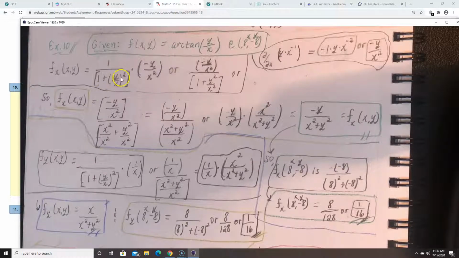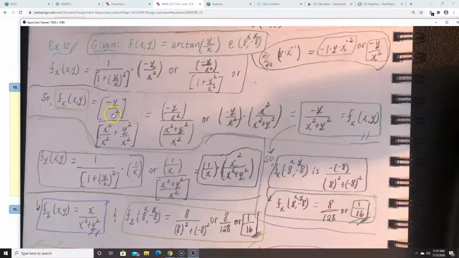But this squared is just y squared over x squared. Y squared over x squared plus the 1. This can be rewritten. Get a common denominator here. So change 1 to an x squared over x squared, so that way you can add these together.